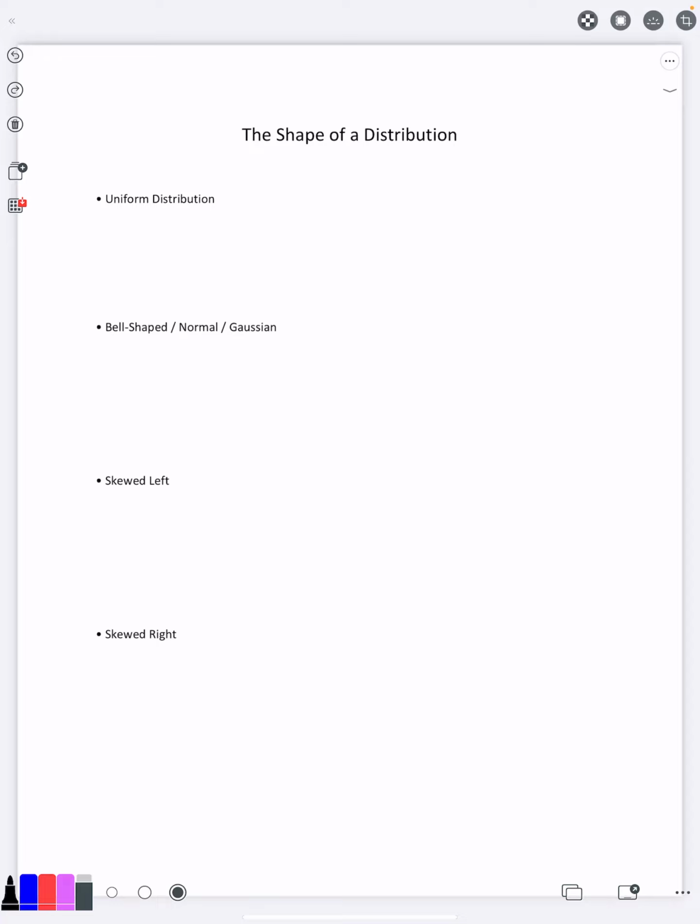So a uniform distribution, at least by definition, is when all of the frequencies or relative frequencies are equal. Now, they don't really have to be perfectly equal because, again, nothing in real life is going to work out perfectly.